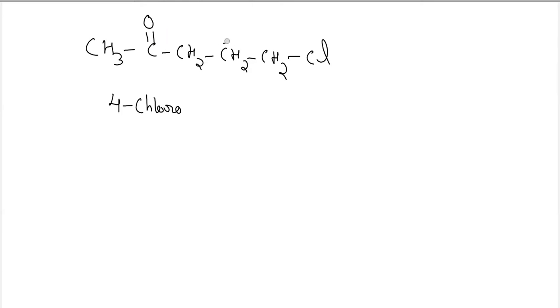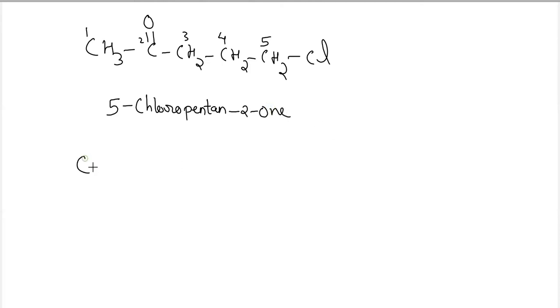The numbering will start from the last carbon atom only, that is this one: 1 2 3 4 5. Because they all are connected through carbon atoms only, the chain will be from the last carbon atom. So the name of this compound will start from 5-chloro pentane 2-one, because at the second position the ketone group is there, so pentane-2-one. Okay.